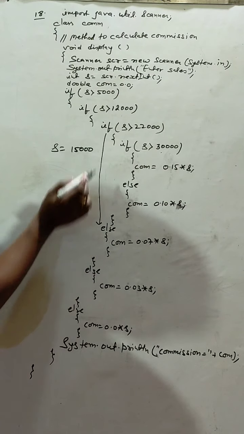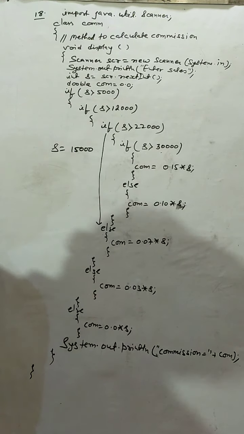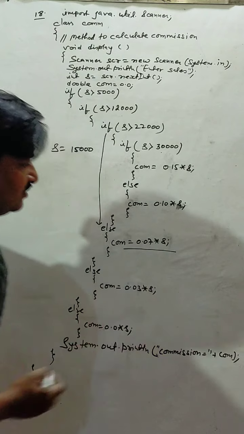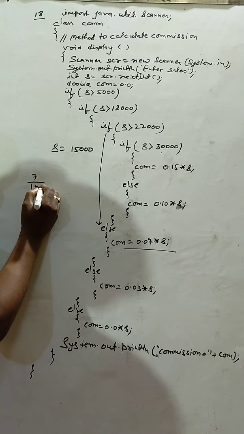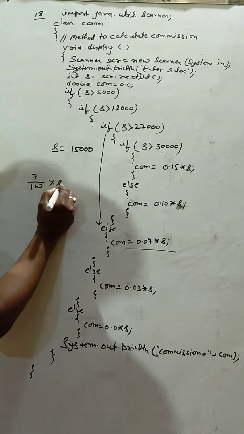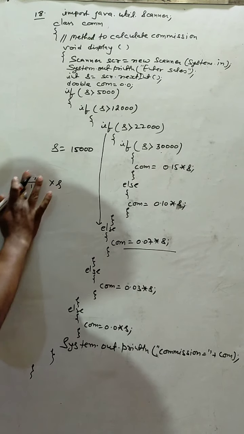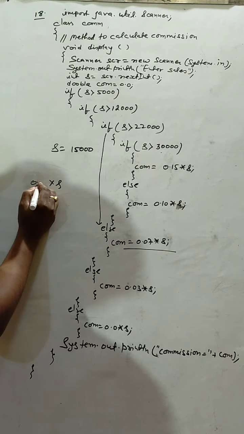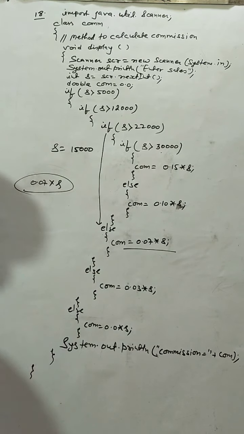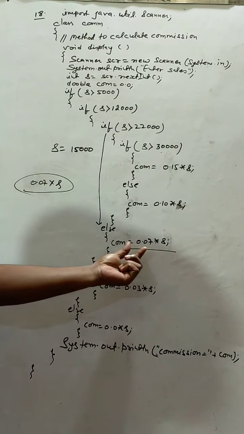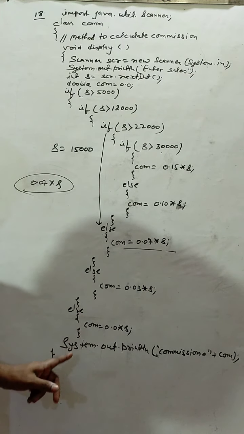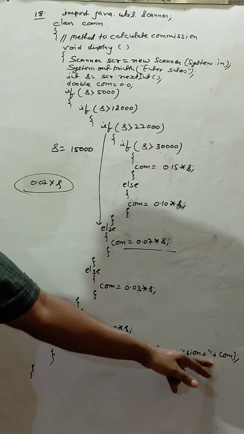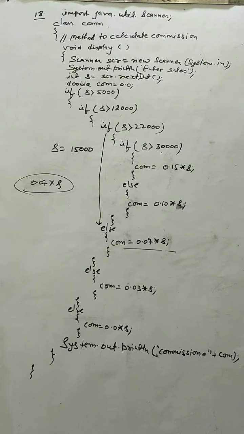Here, 0.07 into S. 0.07 means 7 by 100, that is 7% of sale. So he will get 7% of his sale, the other else will be ignored, and control directly comes here and prints commission equals com.